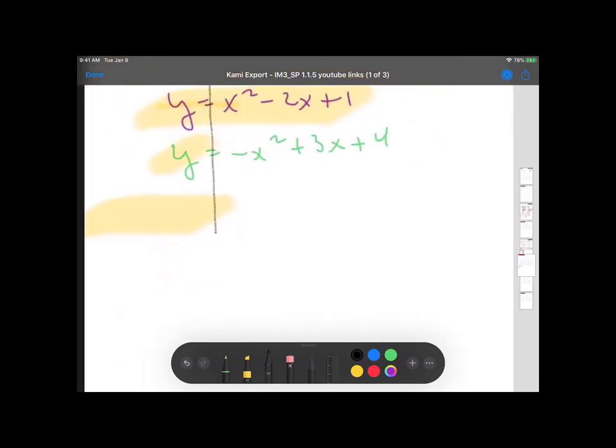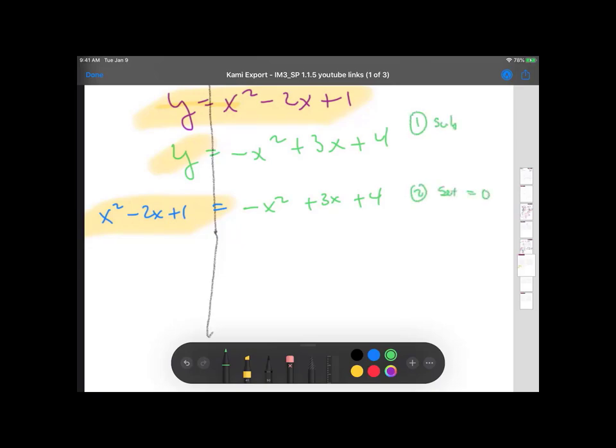I always like to draw a line down my equal sign, kind of crooked. And here's my substitution. So instead of y and y, I'm writing now x squared minus 2x plus 1 there in blue. And this right side here in green is the same. So the first thing we did here so far is substitution.